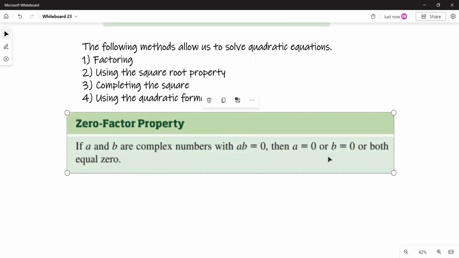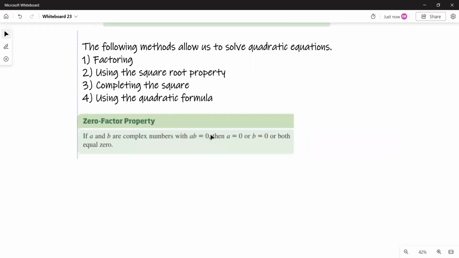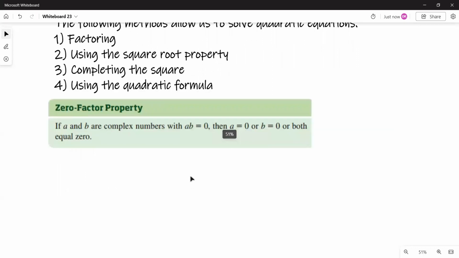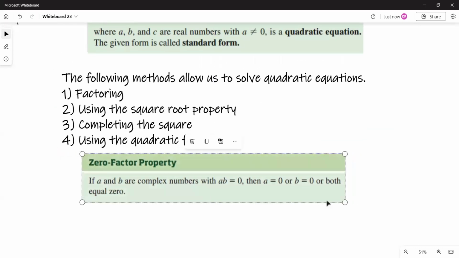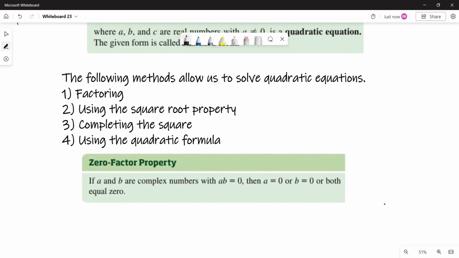That's on the same page, page 113. If a and b are complex numbers with a times b equals 0, then either a is 0 or b is 0 or both are 0.